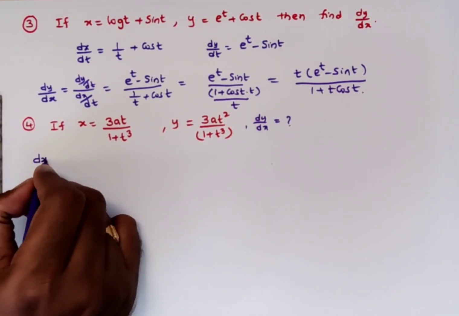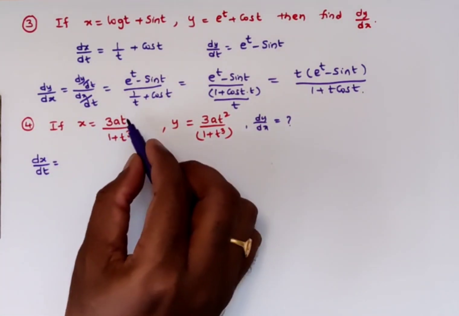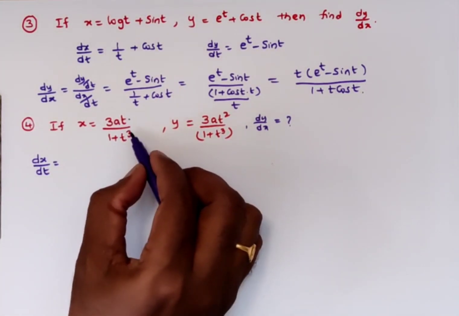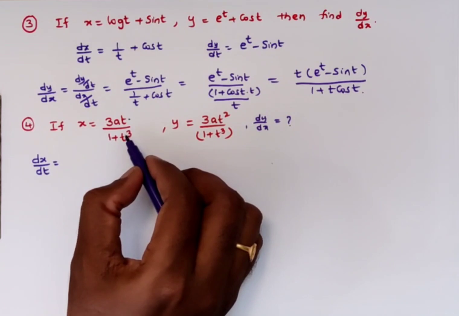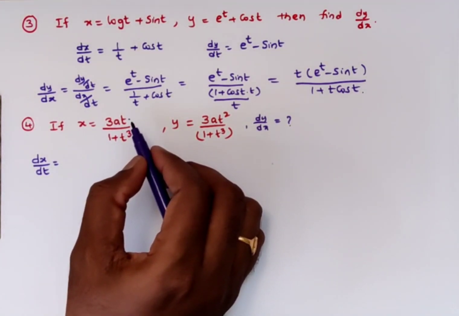Now here dx by dt, so we need to apply the derivative for this x with respect to t. Here x is a function of t, in the form of a rational function, p by q form. So you know the differentiation for rational functions, right?